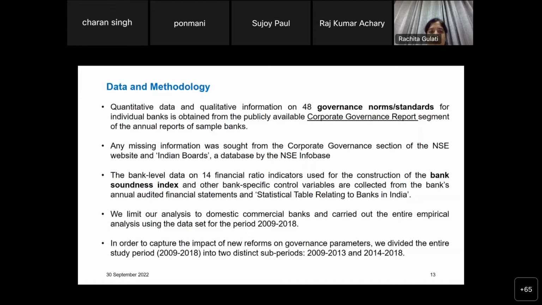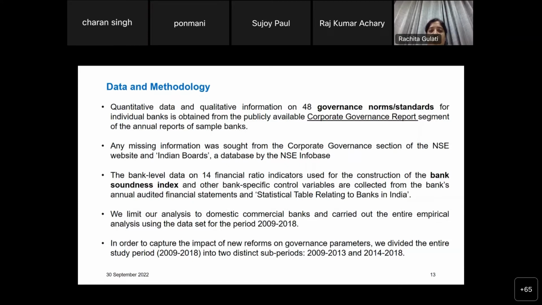The list of governance standards is available as an annexure to the report. For any missing information, we sought the details from the corporate governance section of the NSE and the Indian boards database by the NSE.